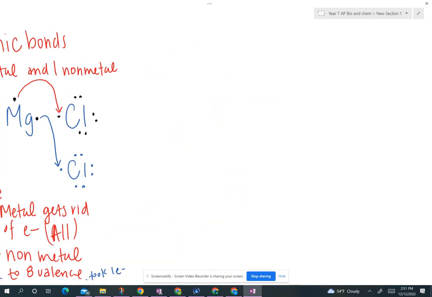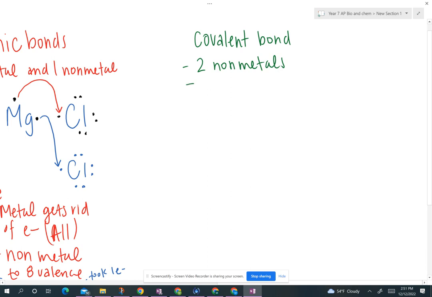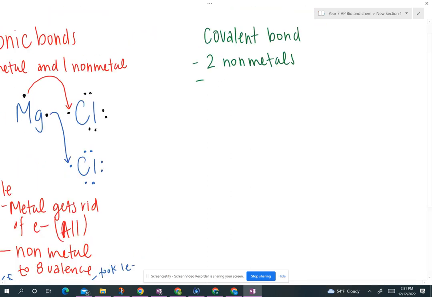Now, covalent bonds are a little bit different, but we still have some rules that apply to a covalent bond. My covalent bonds are 2 nonmetals. And in this case, instead of getting rid of electrons, my rule is that I'm going to make sure that all atoms have 8 valence electrons.